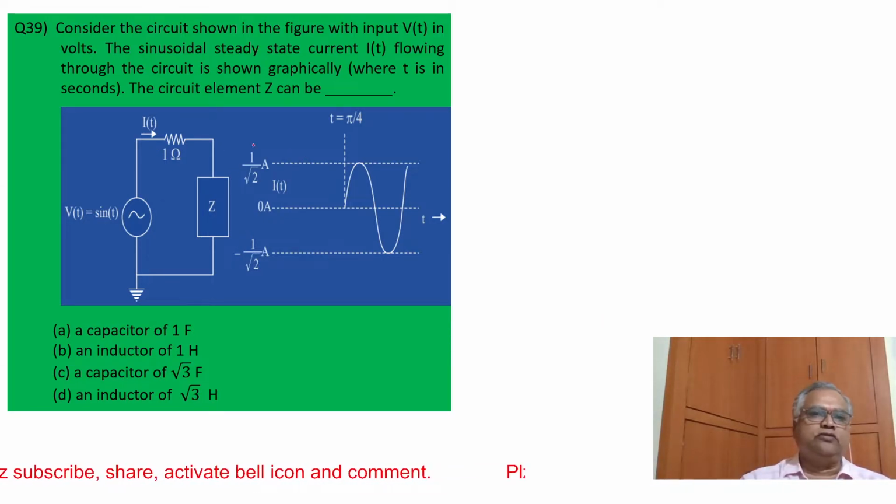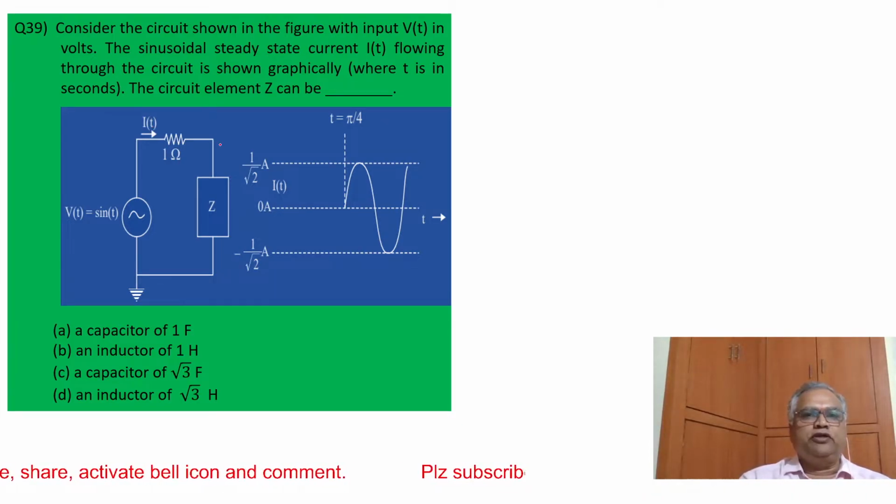This is another question, to be solved a little bit carefully. Consider the circuit shown in the figure with input V(t) equal to sin t volts. The sinusoidal steady state current I(t) flowing through the circuit is shown graphically, where t is in seconds. The circuit element Z can be?